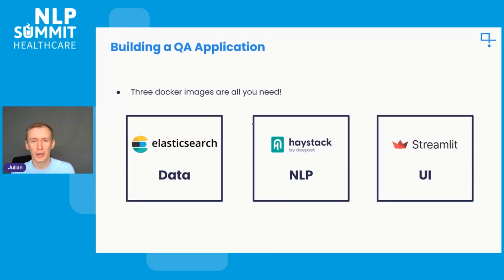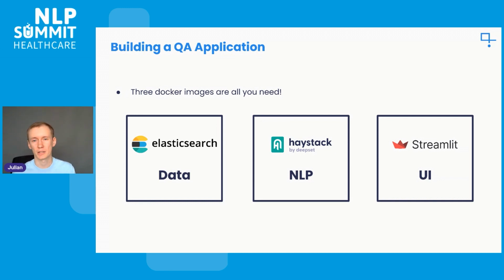So now you wonder, how can I build this demo with my own data? The answer is you only need 3 Docker images. One image is for the data. In this example, it's an Elasticsearch instance that keeps the data in the document store, as we say.